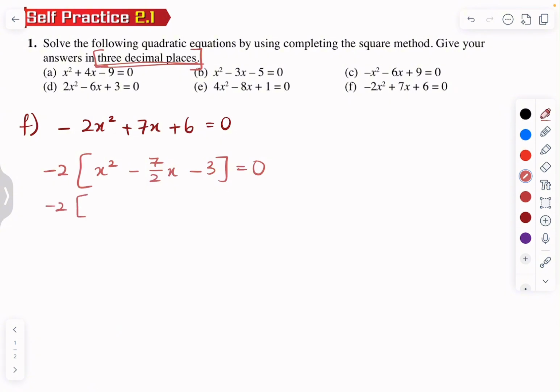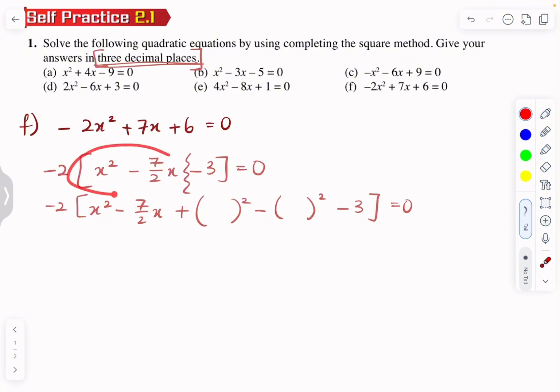Then you break it here. This is the first part. So x square minus 7 over 2 x. You break it there, we plus bracket square minus bracket square, and then sambung the negative 3. Okay, this one is the first part.